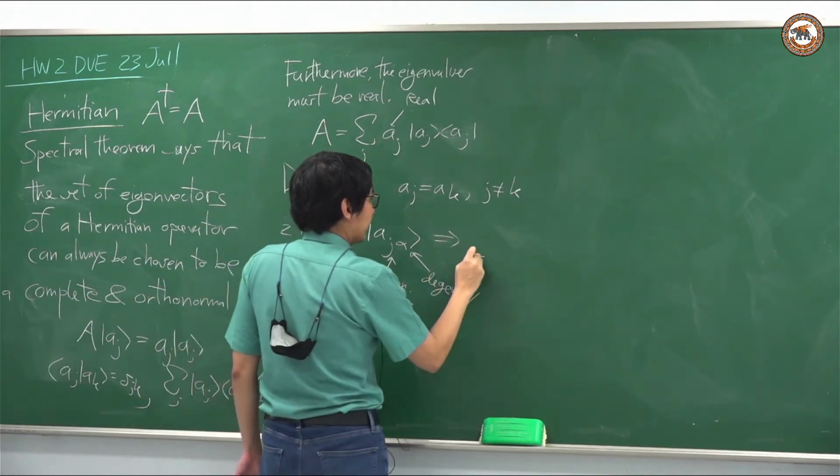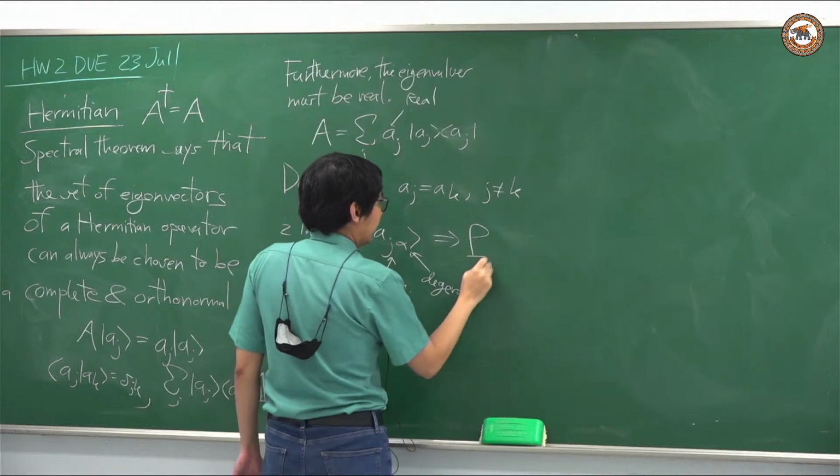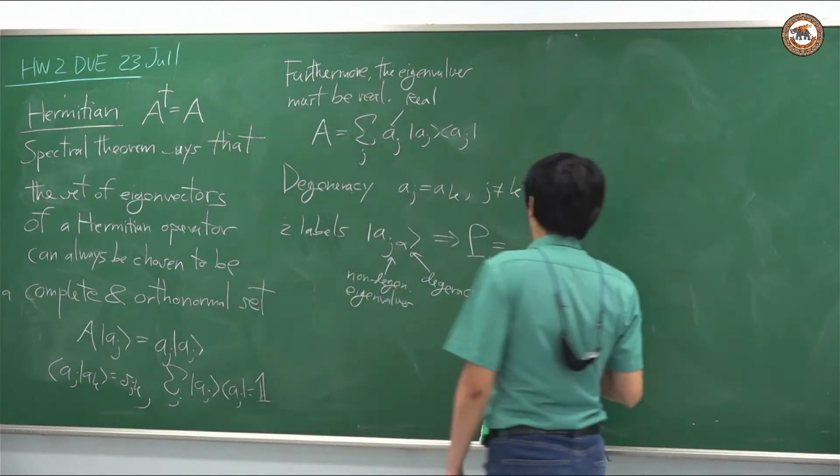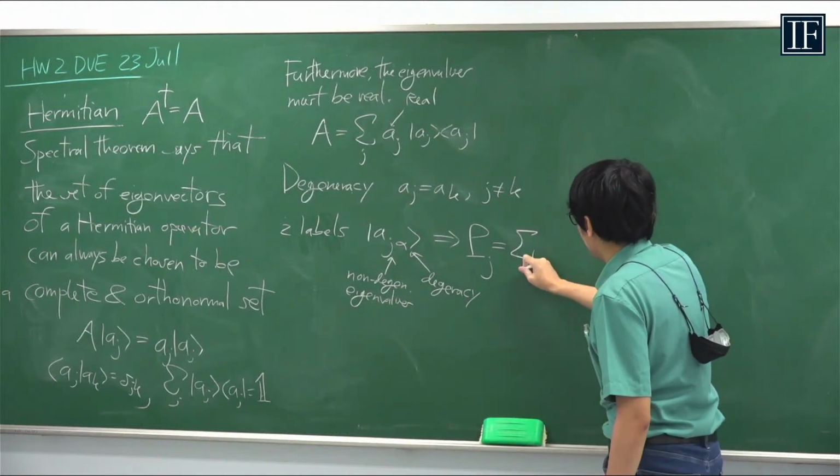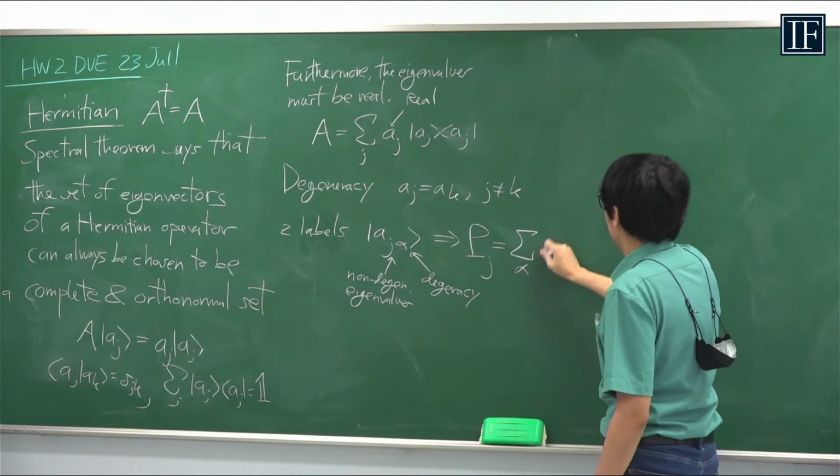Then, if I write a projector onto an eigenspace with eigenvalue a_j, I can write it in this way.